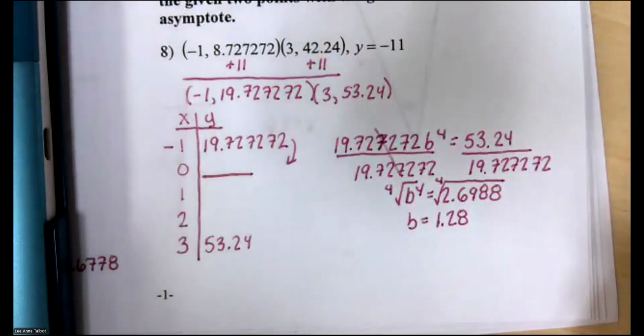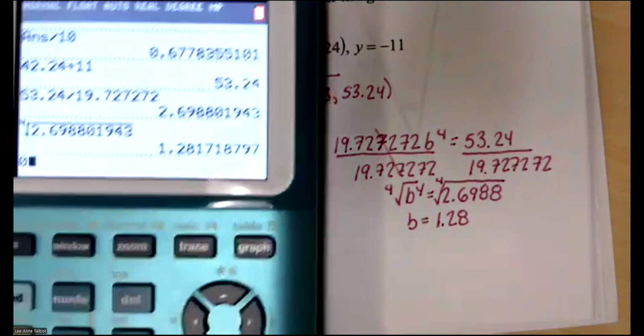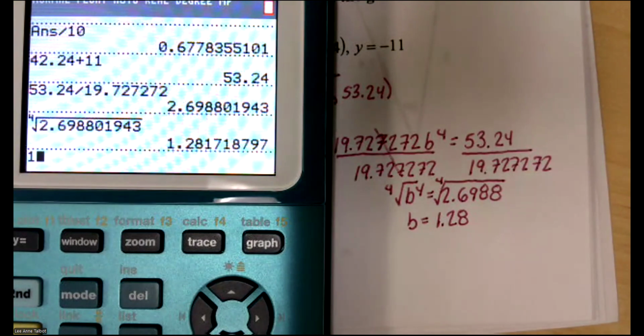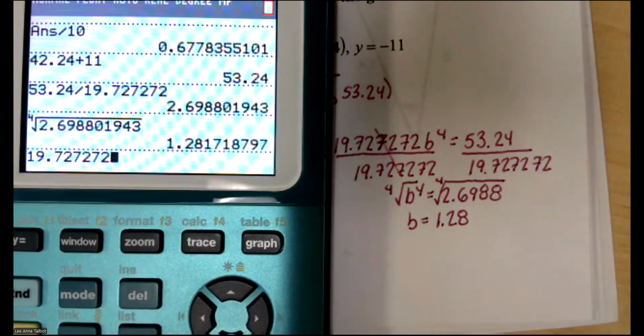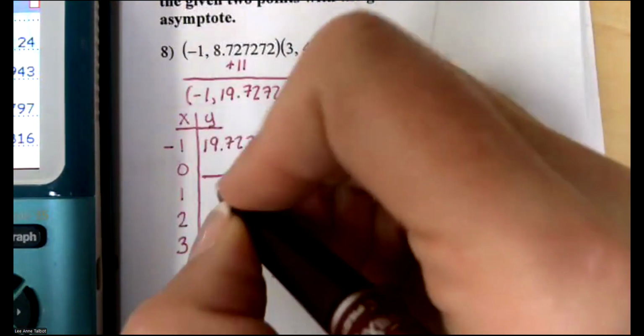Okay, so A is always the number next to the 0. So 25.25.